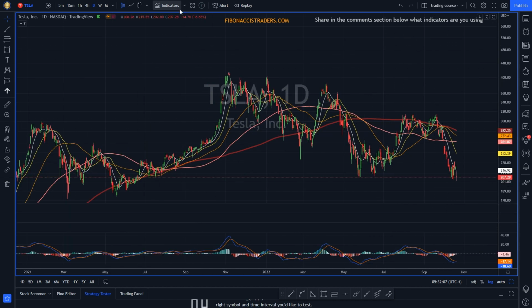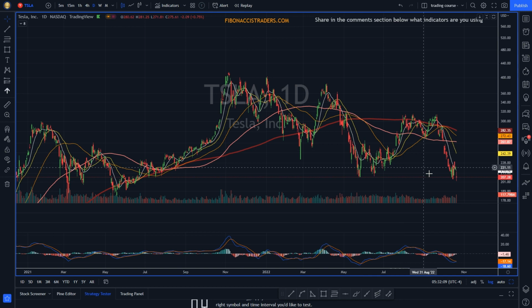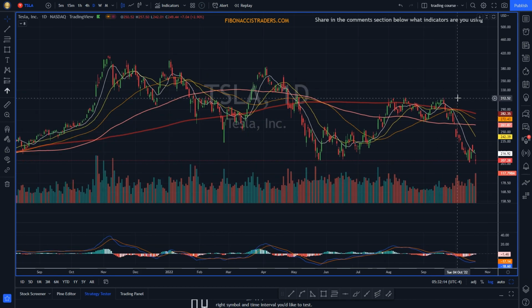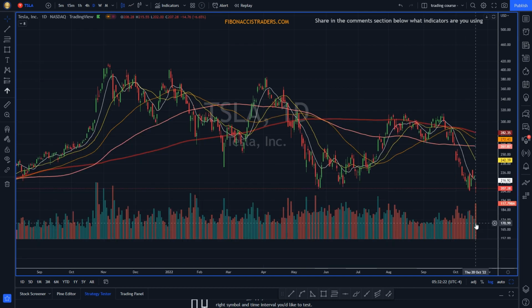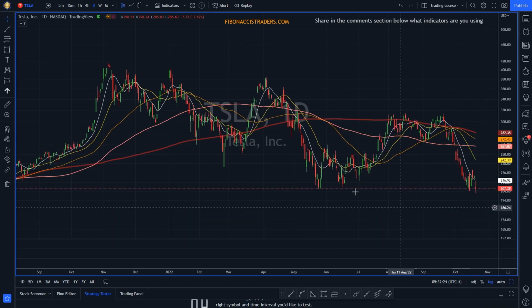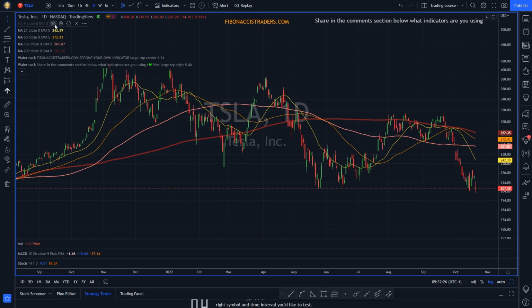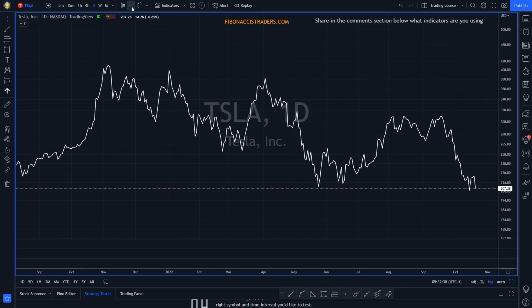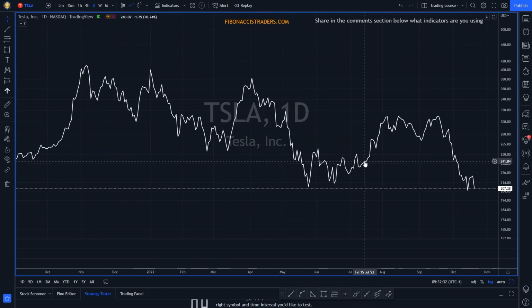MACD, we have also the RSI, we have also the volume. Look at the difference. Look how much noise we have on the chart. And once we get rid of all of this, also the volume, you don't really need it. And when we go back to line, that's it. Much simpler.